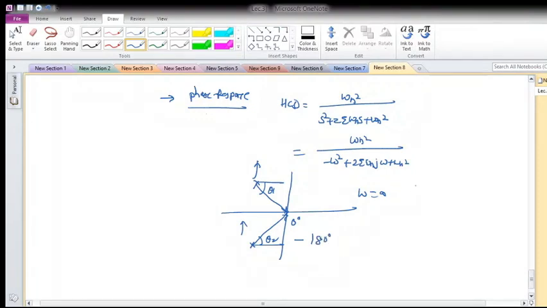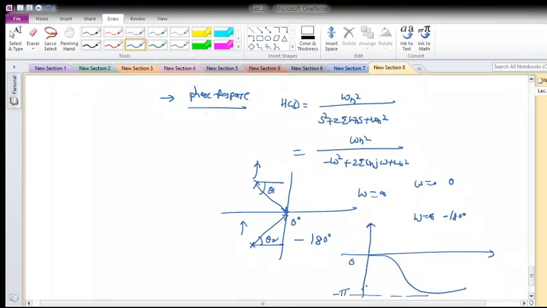So how is the phase response? At omega equal to 0 it starts from 0, and at omega equal to infinity it will go to minus 180 degrees. Somewhere at omega 1 it will be close to minus pi by 2. So it starts from 0, goes through minus pi by 2, and then to minus pi.